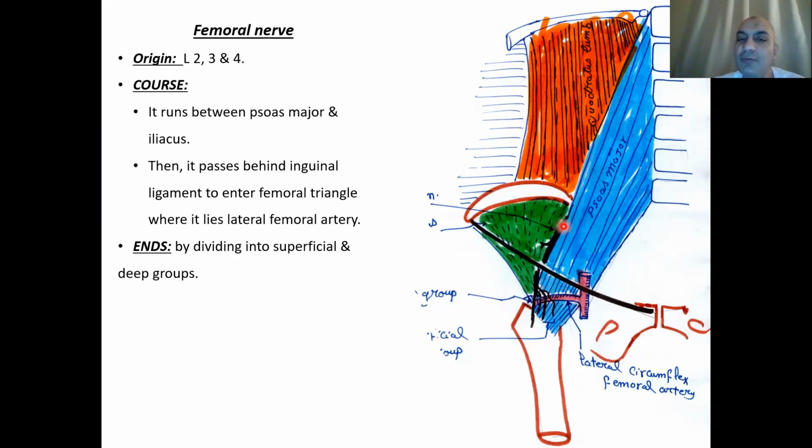So the nerve passes in the gap between psoas major and iliacus, then passes behind this ligament, the inguinal ligament. It enters the thigh and finally divides into superficial and deep branches in relation to the artery.